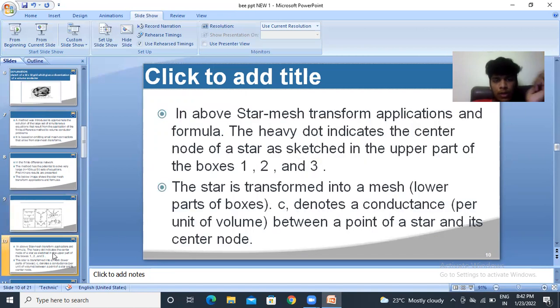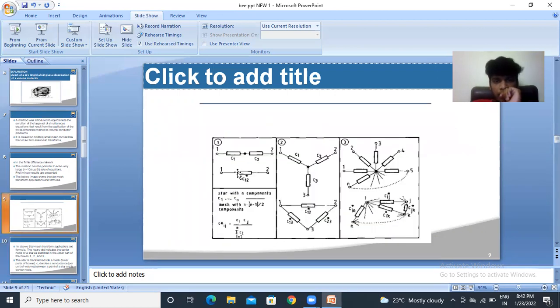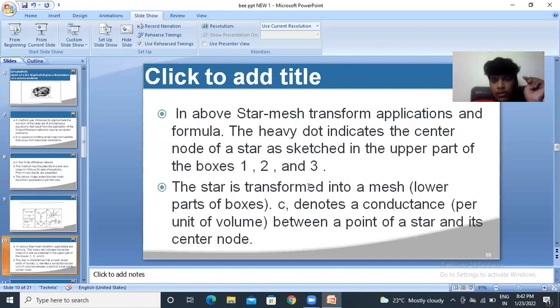C denotes a conductance per unit of volume. Here you can see C1, C2, C1, C2. This C indicates the conductance per unit of volume between a point of a star and its center node.